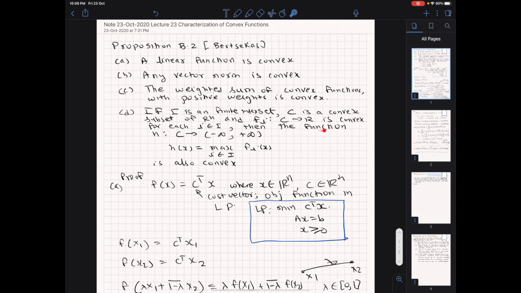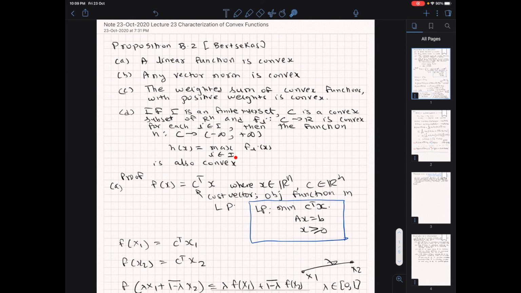Then the function from minus infinity to plus infinity, defined as h of x, this is the new function which we are defining. And how is h of x defined? Max of fi of x over all i.